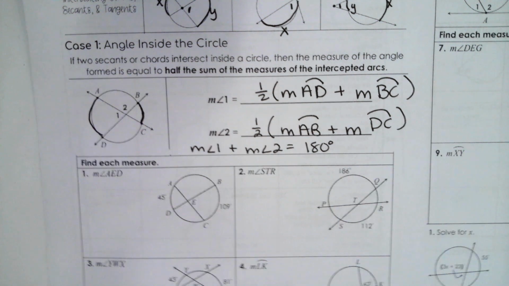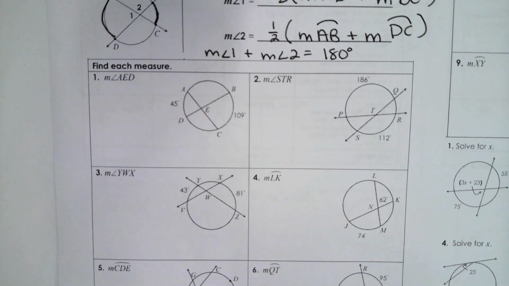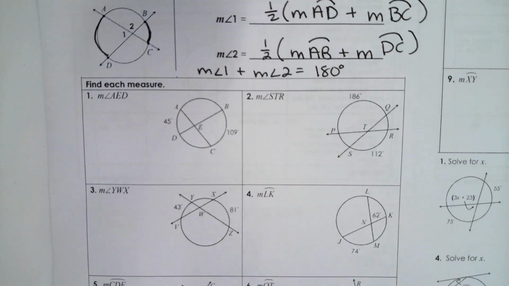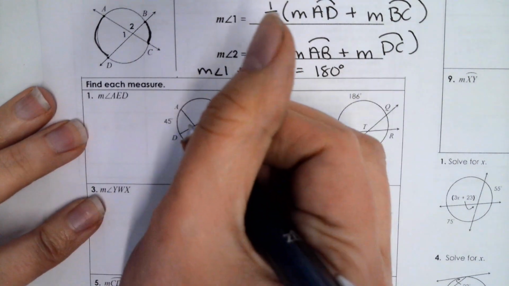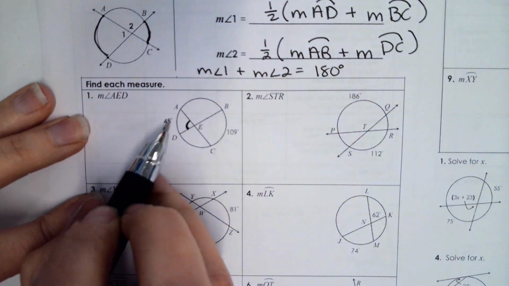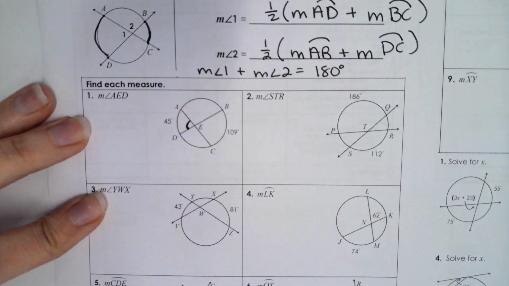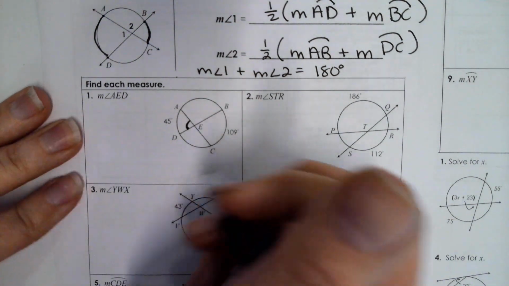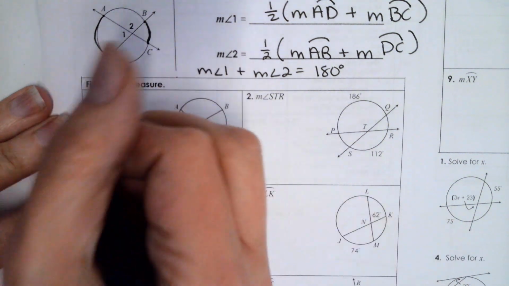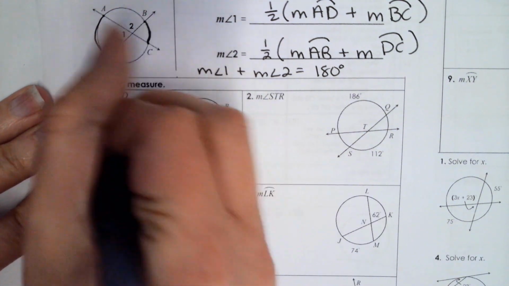To find one of them, you would have to subtract from 180. So we have a couple examples on this. I'll do 2 examples. Number 1, we are looking for AED. That's this guy right here. The 2 arcs that it intersects, this one and this one, we would add them and divide by 2. So we're going to add 45 and 109.